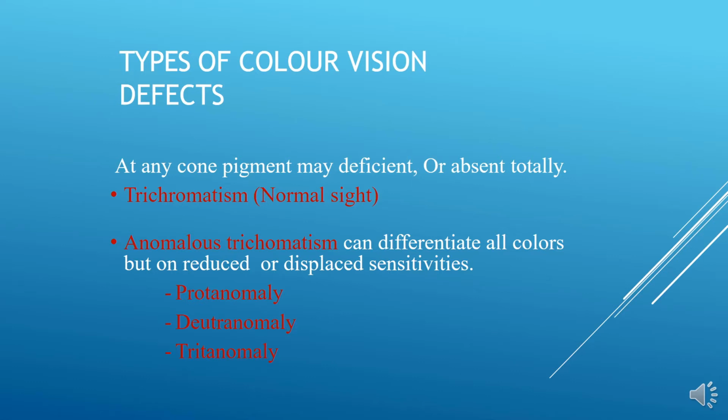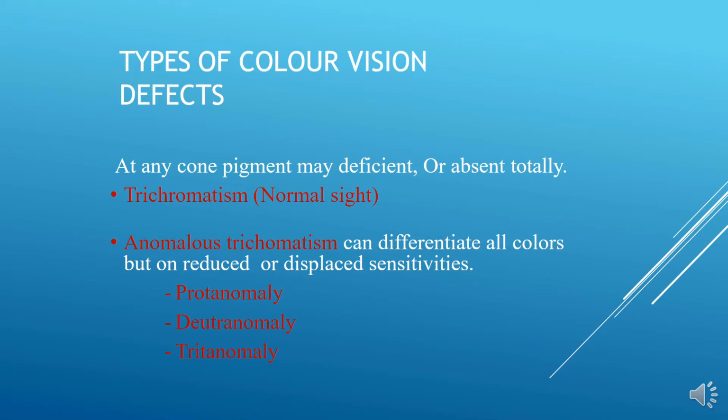So first, prot anomaly. Anomaly means weakness, okay? So prot anomaly, the color is red. The cones for the red color are not able to do their job properly, they are deficient. And for deutan anomaly, the green cone is responsible. And last, tritan anomaly, the blue cone is deficient.